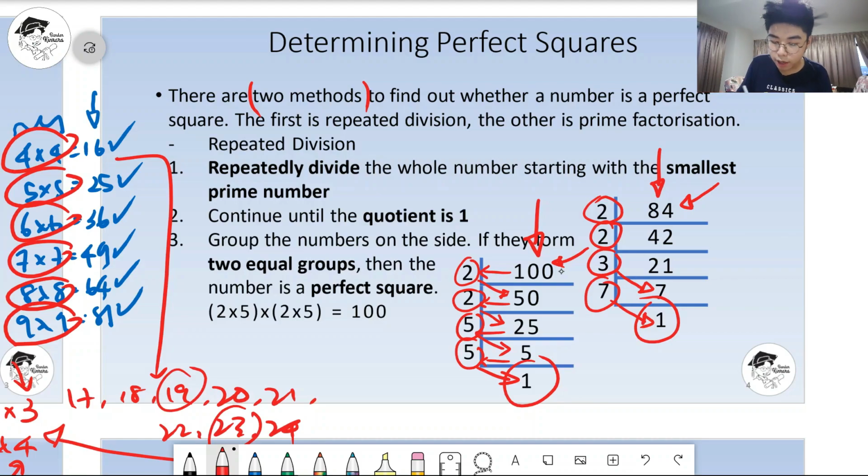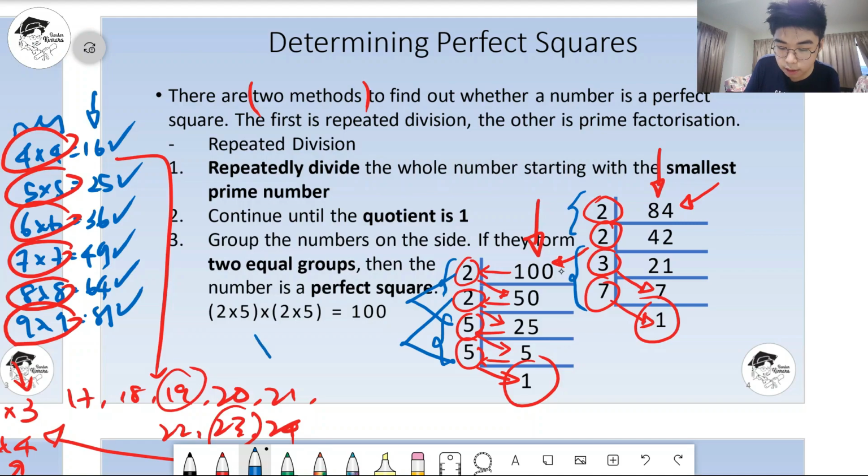Then you will see that there are groups of numbers that must form a set. In the case of 100, can you see that 2, 2 and 5, 5 give you something like this? Put the numbers into sets.